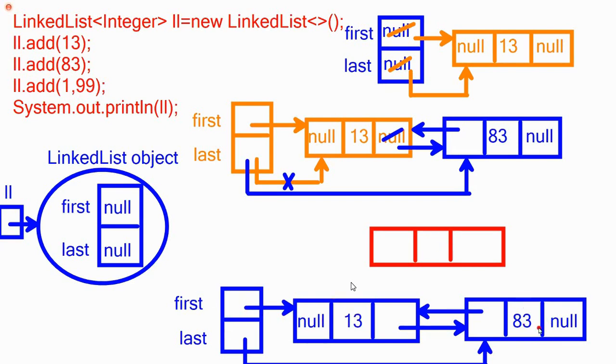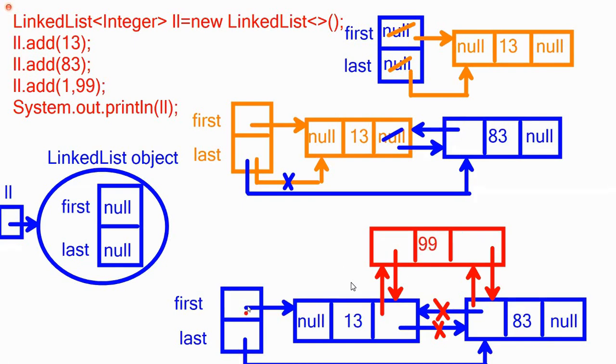Two nodes are required. Then what will happen is these links are broken and new links are created. This address here. This address here. This address here. This address here.